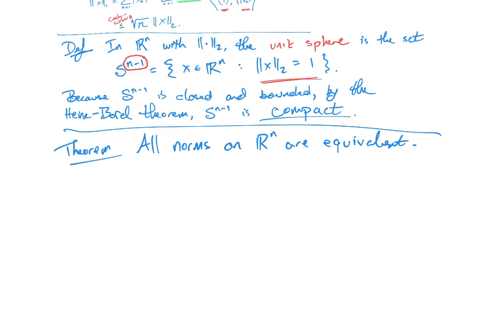It's important to note what this does not say. This doesn't say that all metrics are equivalent, because there are metrics that do not come from norms. For example, you can check the discrete metric does not come from a norm.